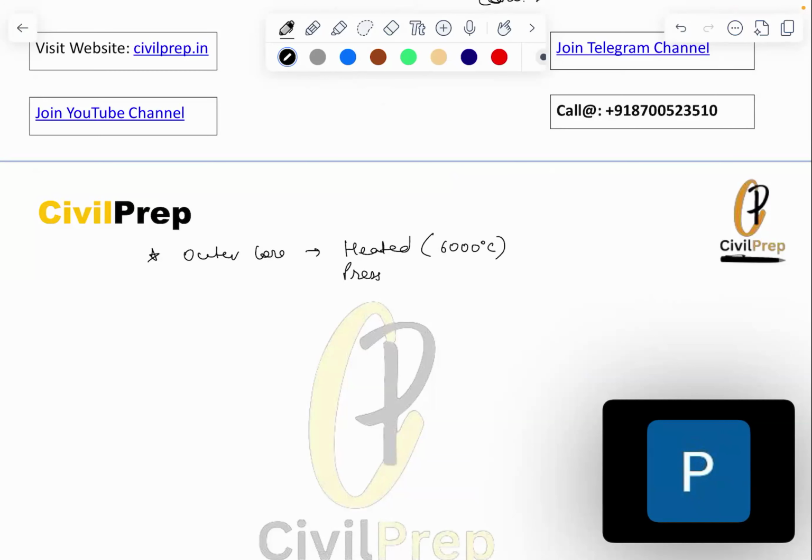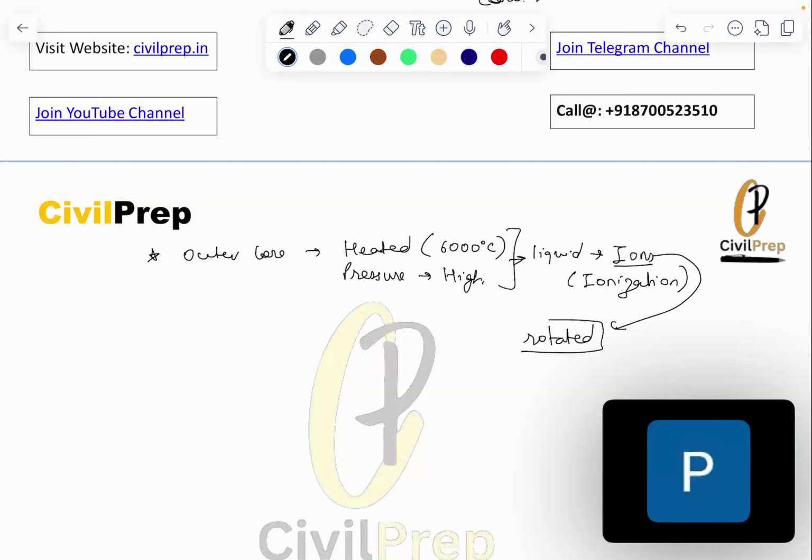The pressure is also very high, because of which this outer core is in a liquid state, and it consists of a large amount of ions because of the process of ionization. These ions are getting rotated because of the above three conditions which we have seen.